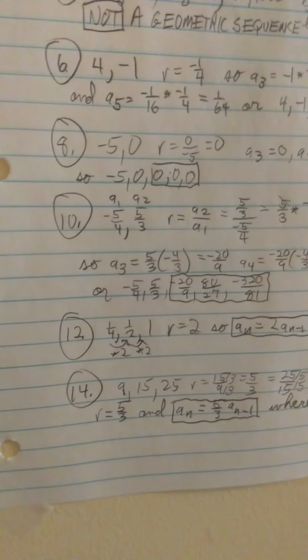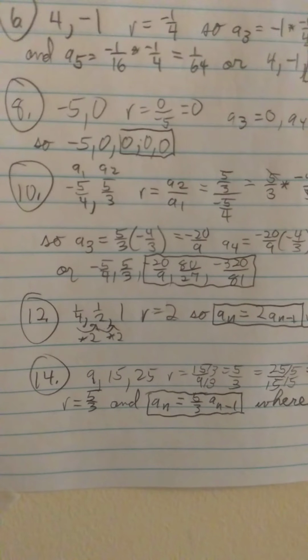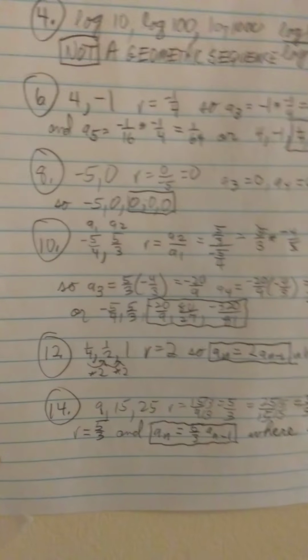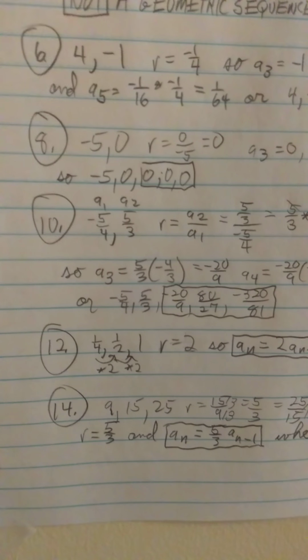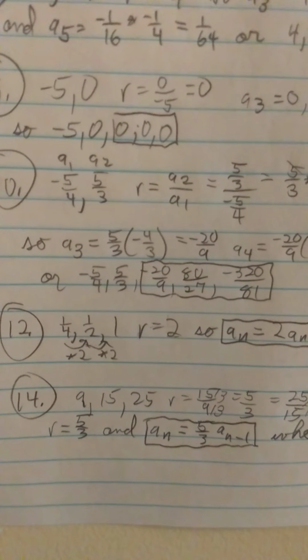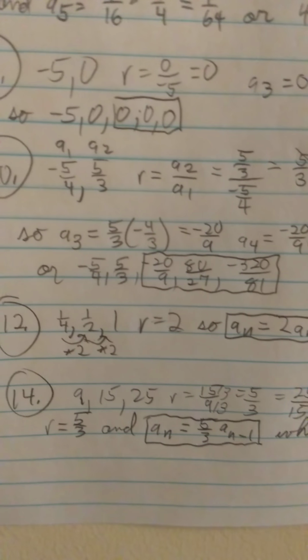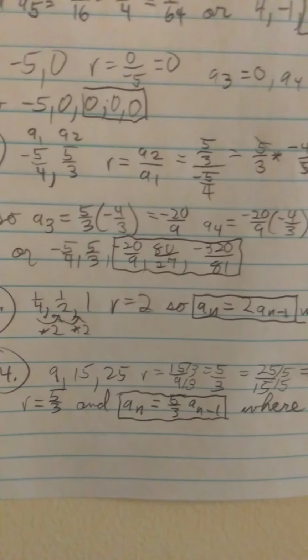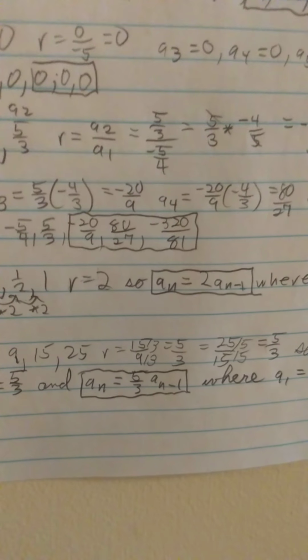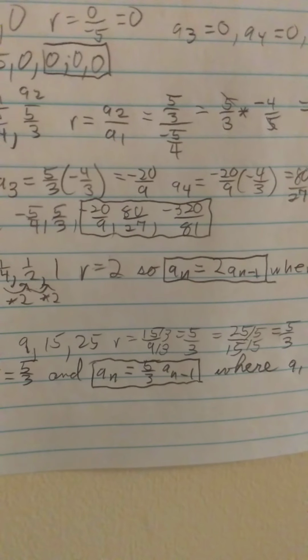Now 10 is a little more involved because it's two fractions, negative 5/4, 5/3. And the only way we can find this out is the a2 over a1. Now I'm going to have to divide the fraction 5/3 by negative 5/4. So remember from basic algebra that means that we multiply by the reciprocal of the bottom.